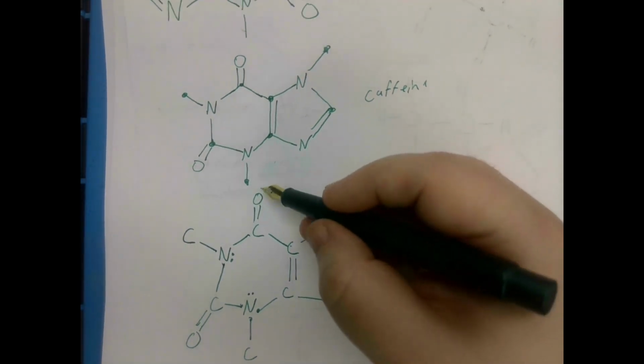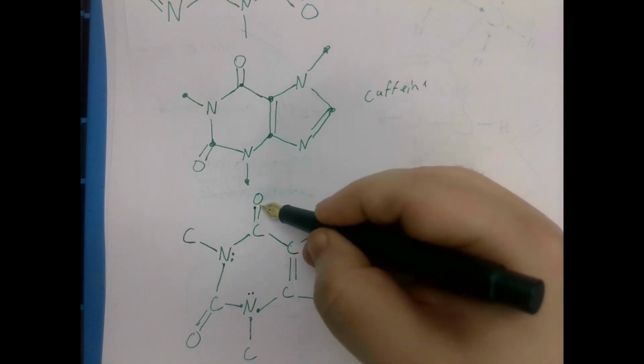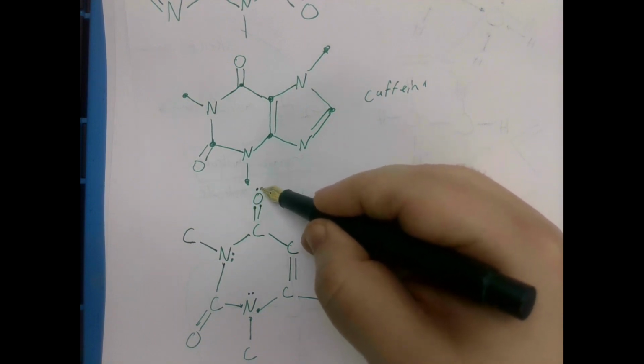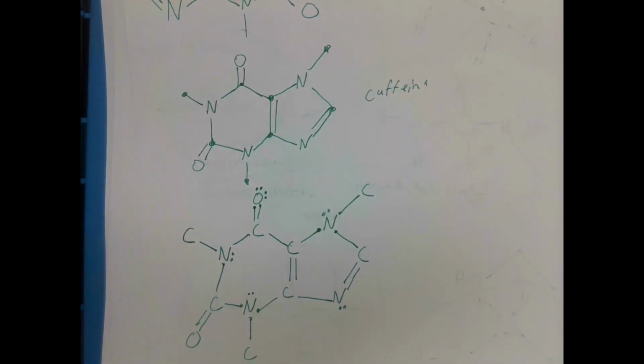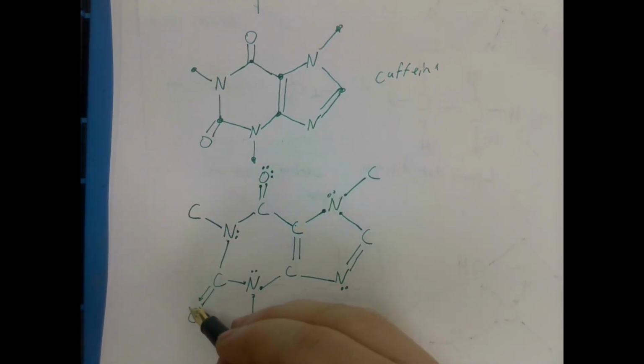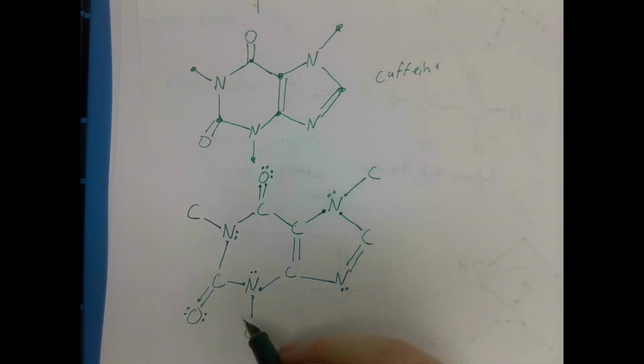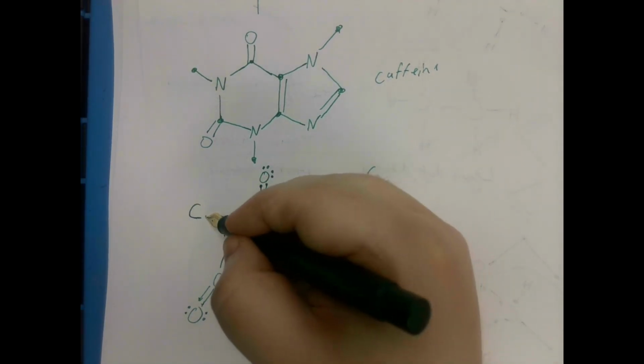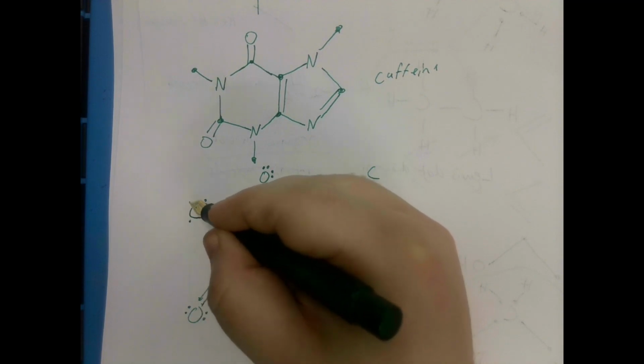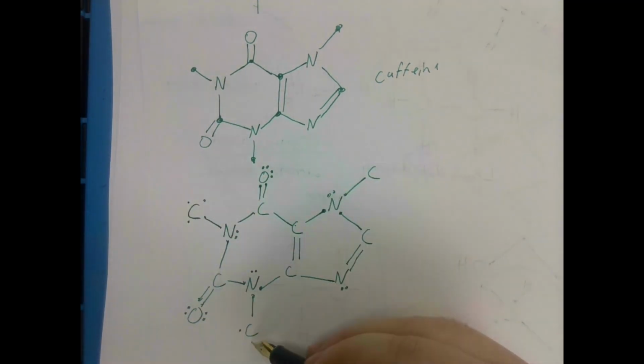Oxygen has how many? 1, 2, 3, 4, 5, 6. And then you could also do it to all the carbons too, but it's unnecessary because we'll immediately replace them with hydrogen.